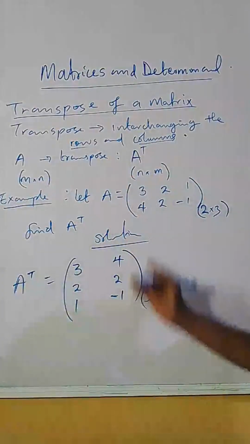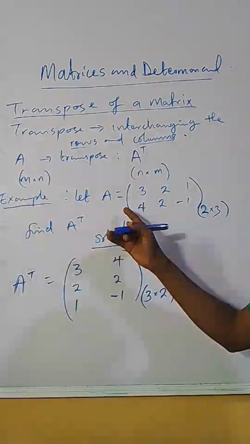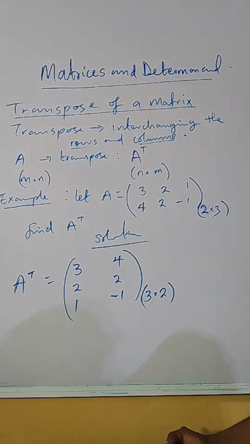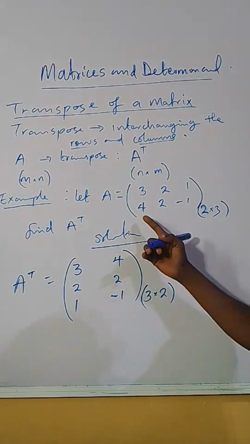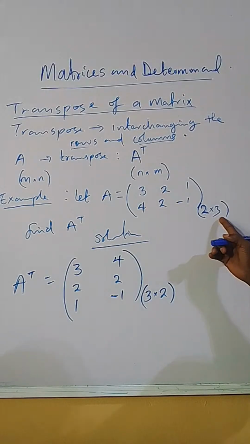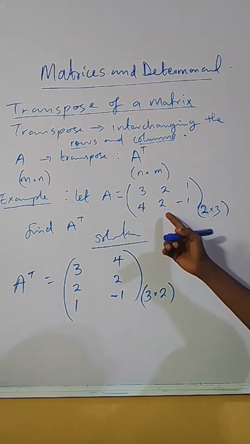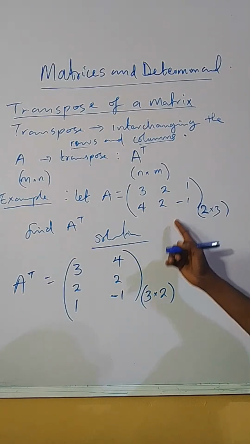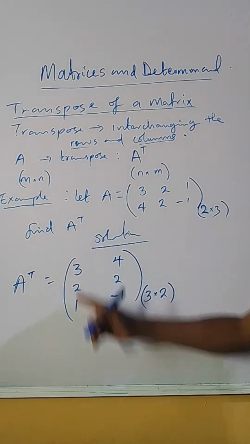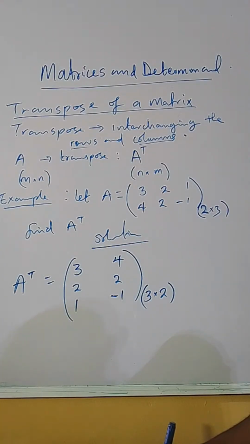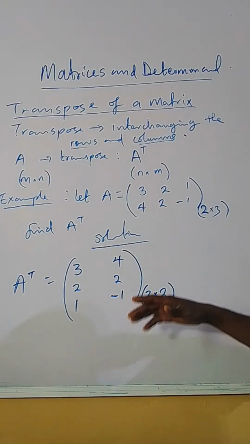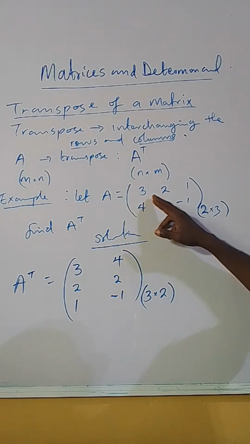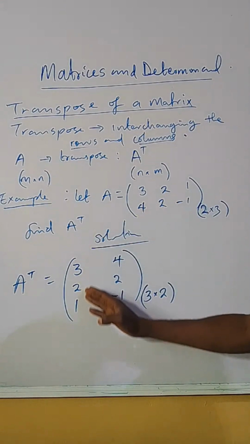Now, when we look at this example, we have matrix A. Let matrix A be this 2 by 3 matrix, that is 2 rows and 3 columns. We have 3, 2, 1, 4, 2, minus 1. Then find A transpose. So A transpose here means we are going to interchange the rows of A. The first row will now serve as the first column.